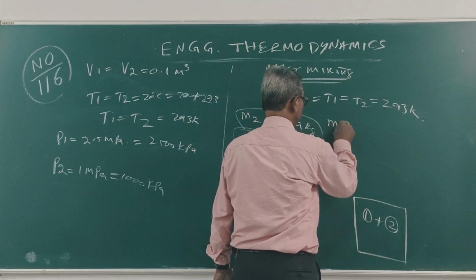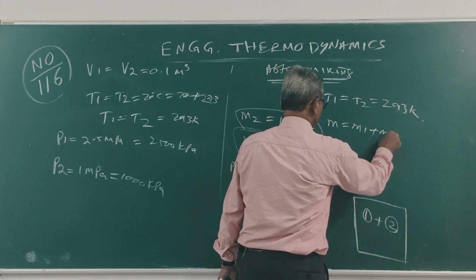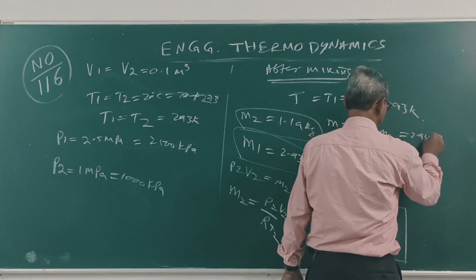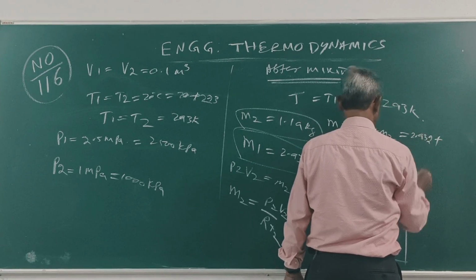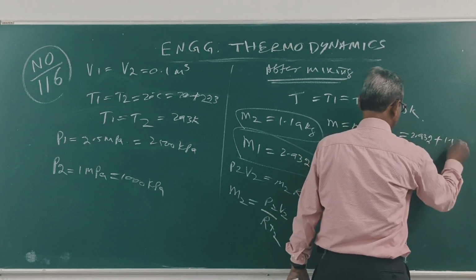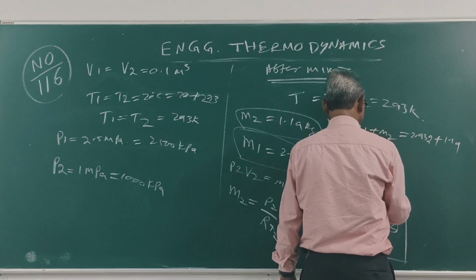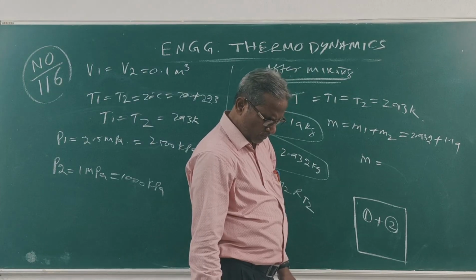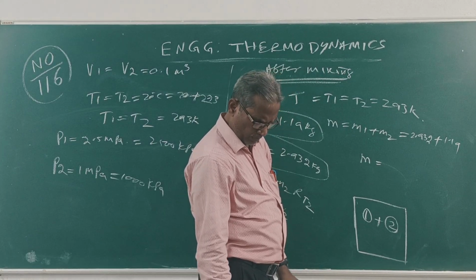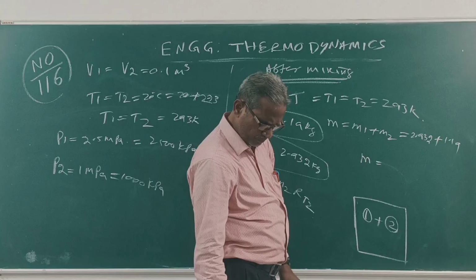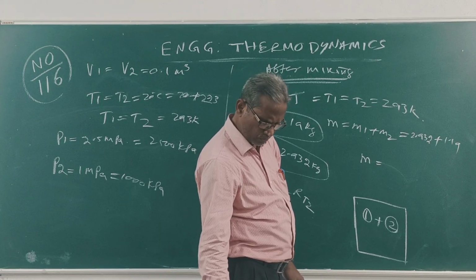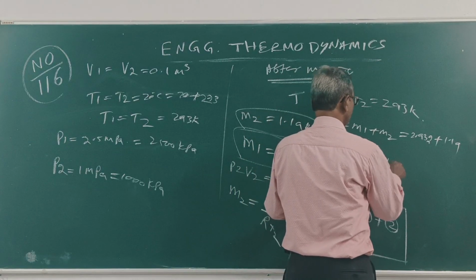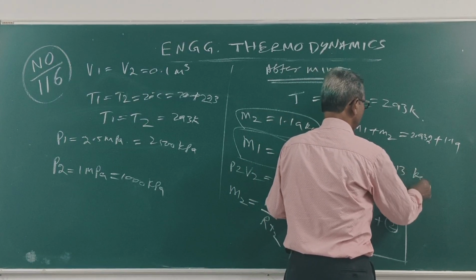M is equal to M1 plus M2. What is M1? 2.932 plus 1.19. So M is equal to 4.13 kg.